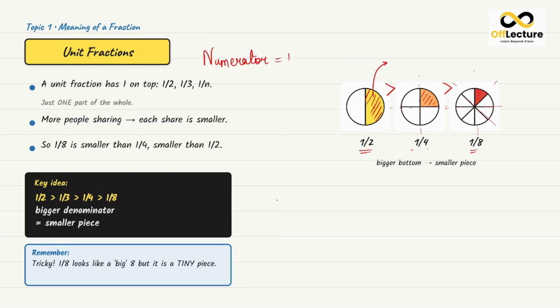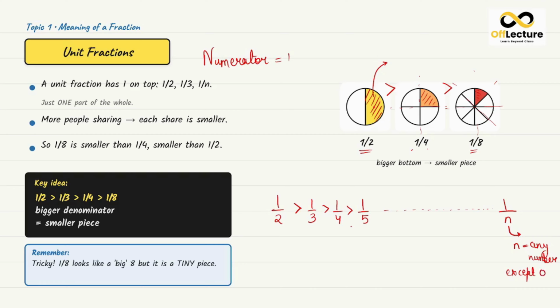So we can say that 1 by 2 will be greater than 1 by 3, which will be greater than 1 by 4, which will be greater than 1 by 6, and it will go up to 1 by n. N means here any number except 0, because we can't divide things into 0 parts.